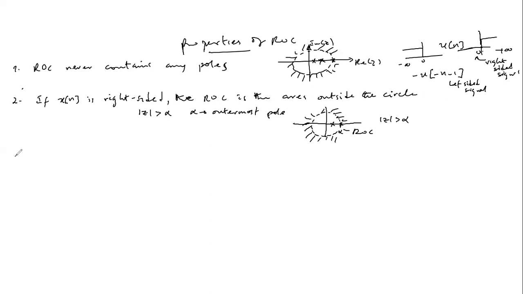Now the third point here is if the input sequence is left-sided, that is, we have this form multiplied by the signal, then the region of convergence is the area inside the circle.